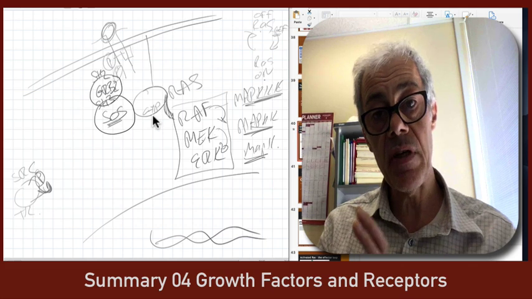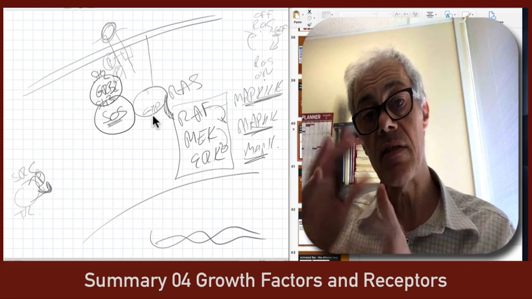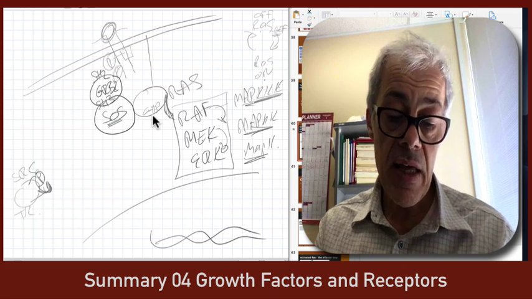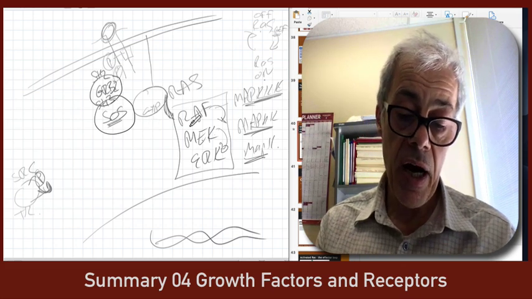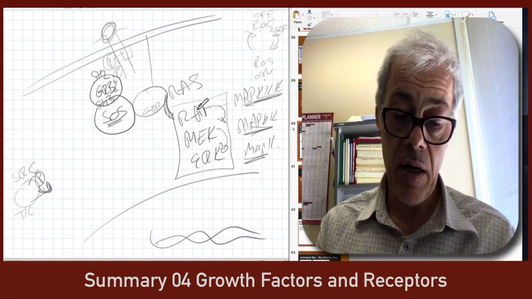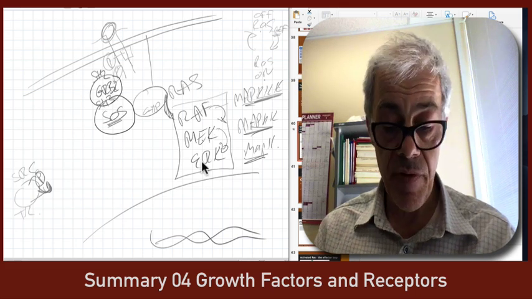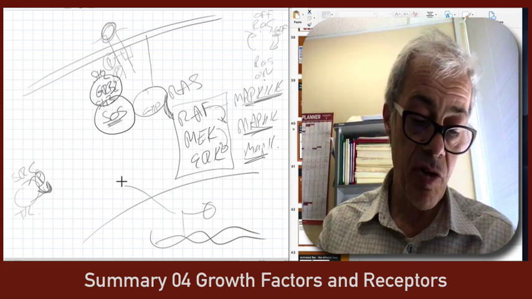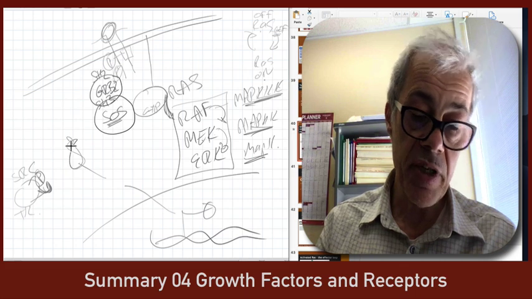In the lectures there are structures of RAS and how the structure changes on binding of a GTP. That then leads to the binding and the activation of the MAP kinase pathway, leading to the activation of a transcription factor, which then leads to, as we know, transcription, translation, and protein synthesis.